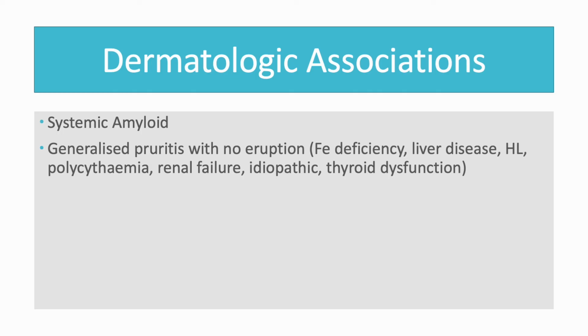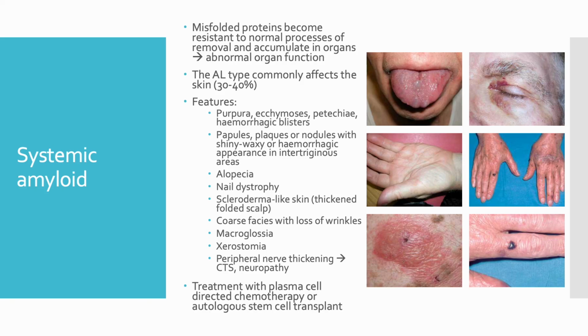Finally, we'll discuss the skin features of systemic amyloidosis and also the concept of generalized pruritus, that is, generalized itching without any objective inflammatory skin disease to cause the itch. Amyloid is a misfolded protein, and these proteins can be deposited in the skin.